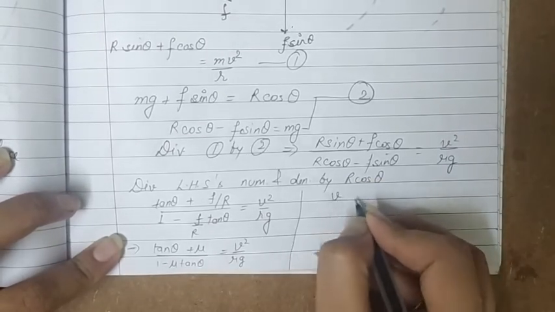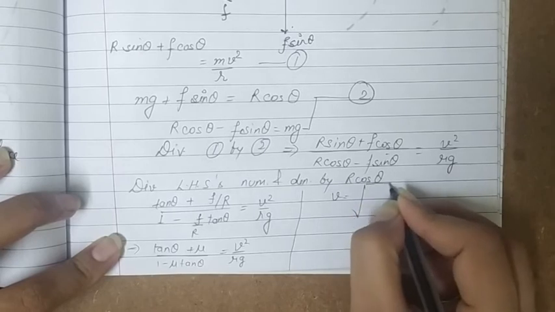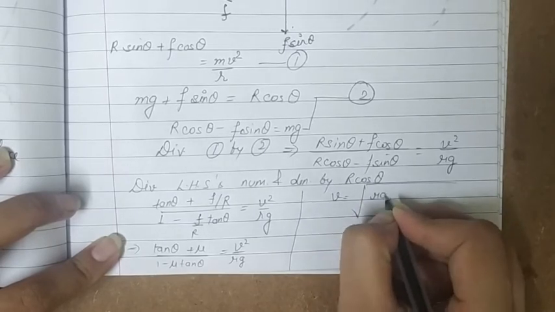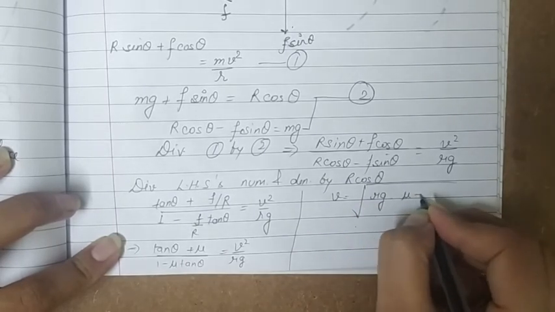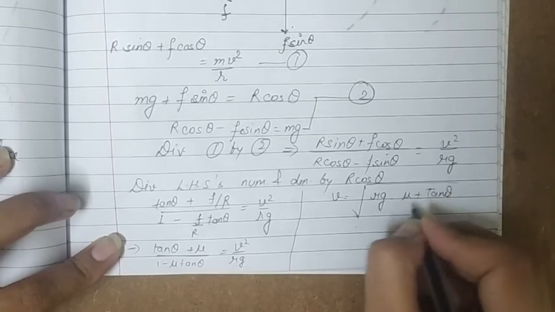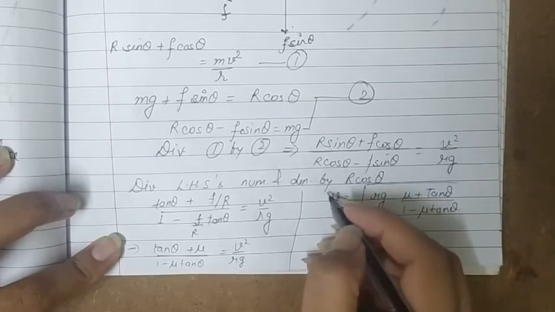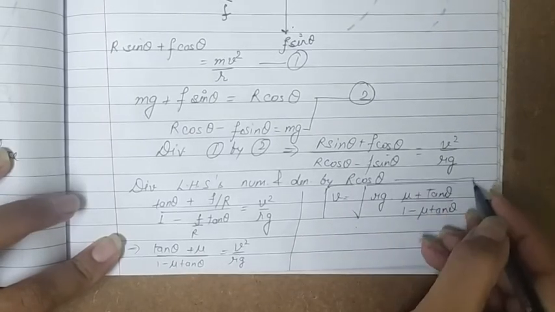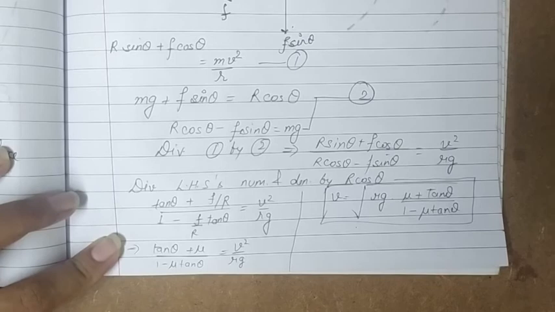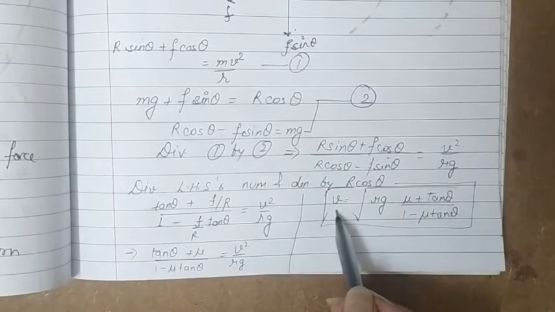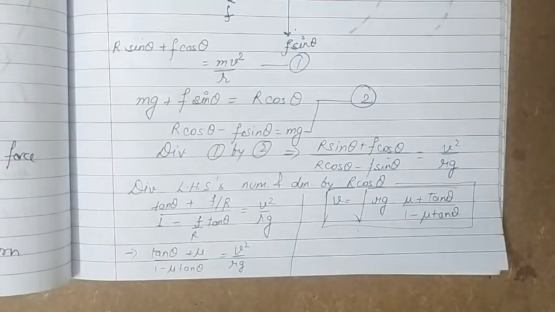So v is equal to under root rg into tan theta plus mu upon 1 minus mu tan theta. This is the required value of speed, the maximum safest speed limit with which that car can go on that road.